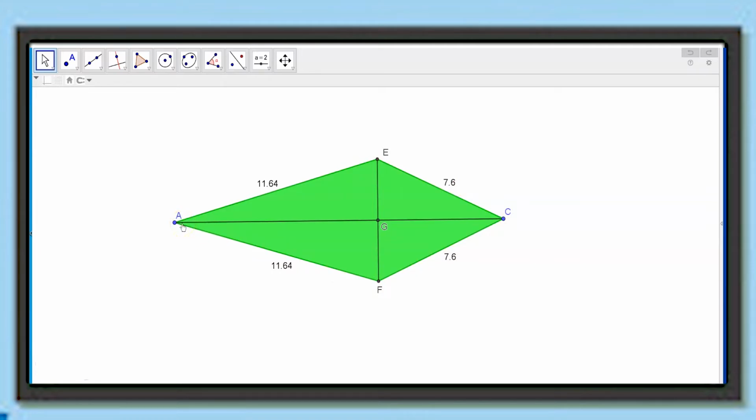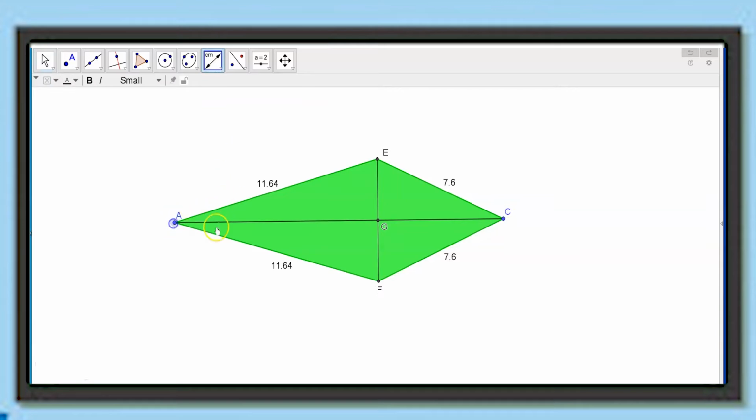Now we shall go and try to explore the various properties of the kite, for which I have drawn the 2 diagonals, that is AC and EF. AC is the line segment connecting the 2 non-consecutive vertices A and C. EF connects the vertices E and F and they intersect at this point G. Now let us try to measure the segments AG and GC and find out what are their measurements.